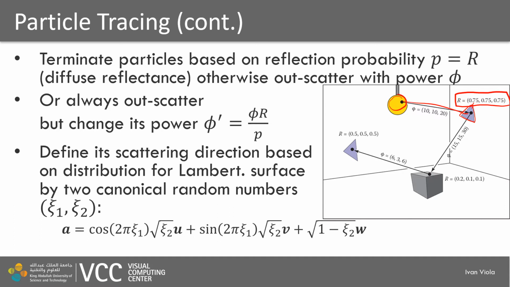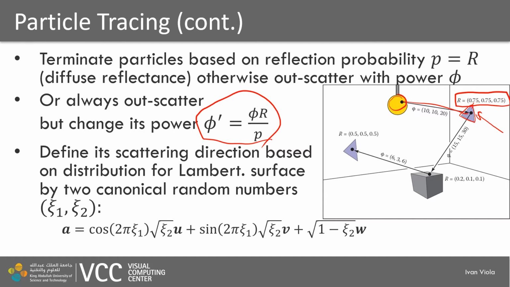For some strange reason, which is physically implausible, we are increasing this power even if this triangle is not really emitting any light itself. And the reason is because the probability of being reflecting is then used for calculating the new power after the bounce.